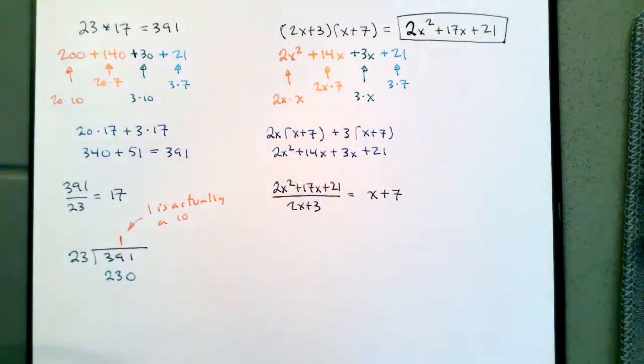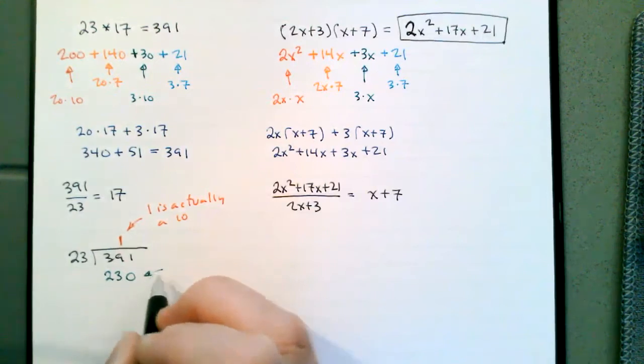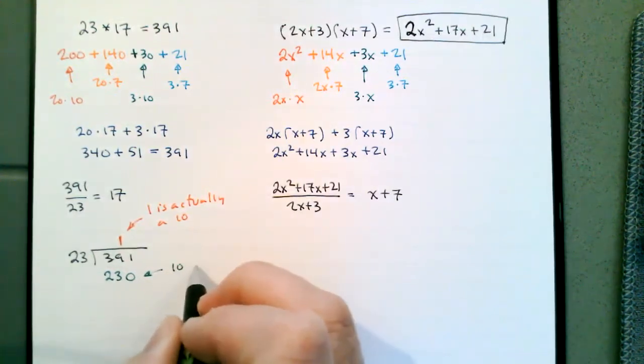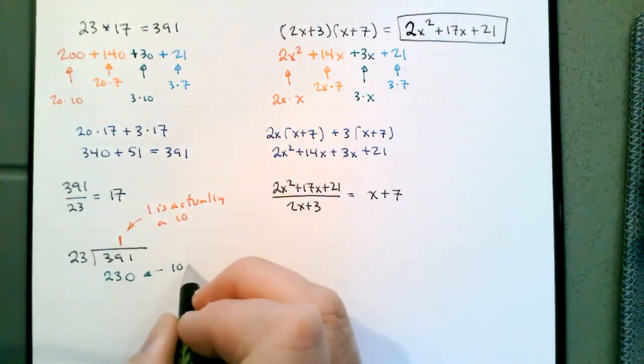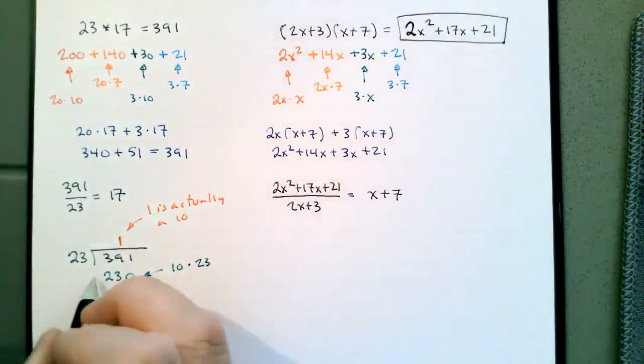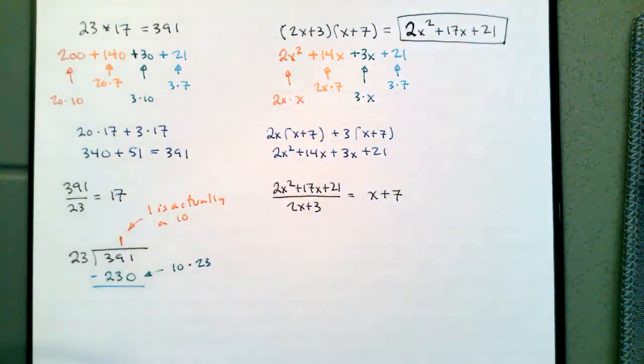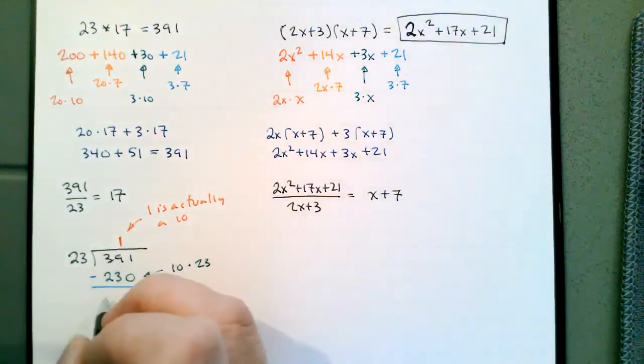So I'm not doing 1 times 23, I'm doing 10 times 23. So here are 10 copies. And then we subtract because we're doing division, and division is just repeated subtraction. 391 minus 230 is 161.